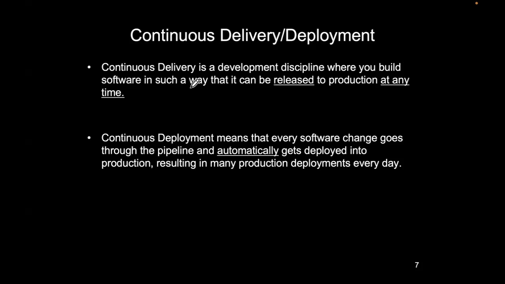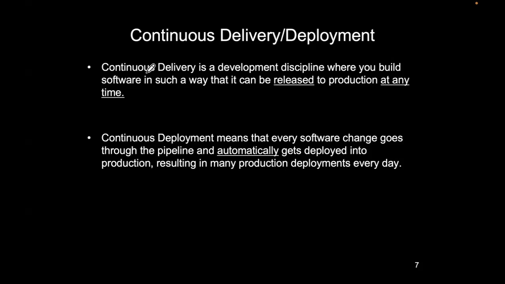It's not automatic. So, when I was talking about CI, one of the objectives of CI is to always have a deployable form of your application in its most up-to-date state.